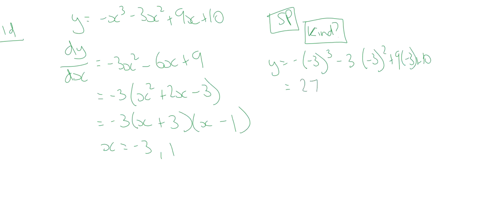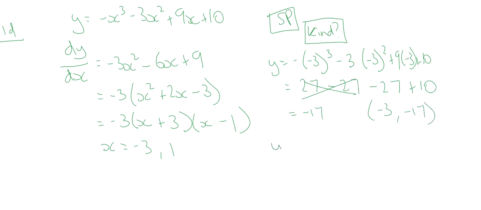Negative 3 squared is 9, times negative 3 is negative 27. So far we have 0. 9 times negative 3, again, is negative 27, plus 10, so my answer is negative 17. So that makes my turning point coordinate negative 3 and negative 17.